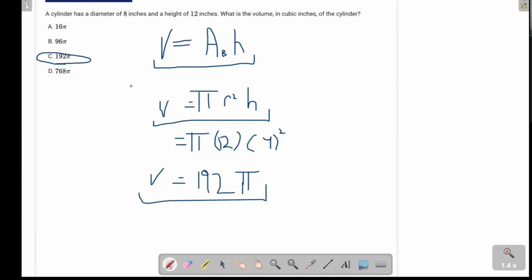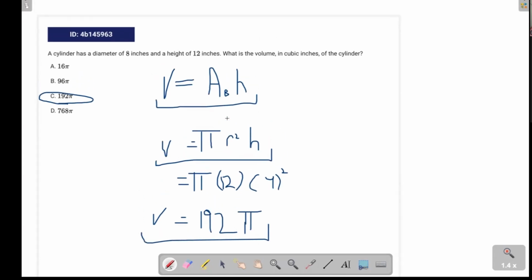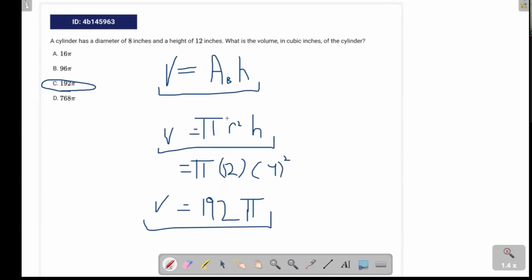No? Okay. So this is similar to the last problem where if you don't understand it, you just need to know your equation. And as much as I'd like to say there are other ways to figure this out, you just need to know the equation for it. Know that volume is area times height. The area of a circle is pi r squared, and then you multiply by the height.